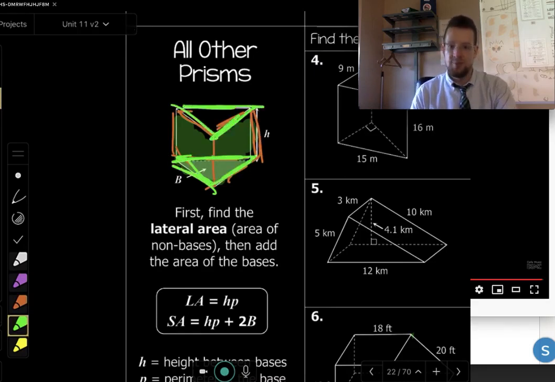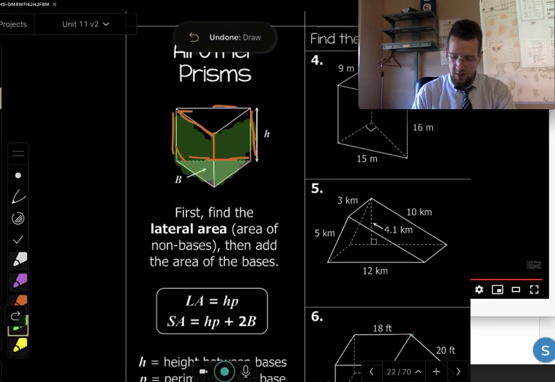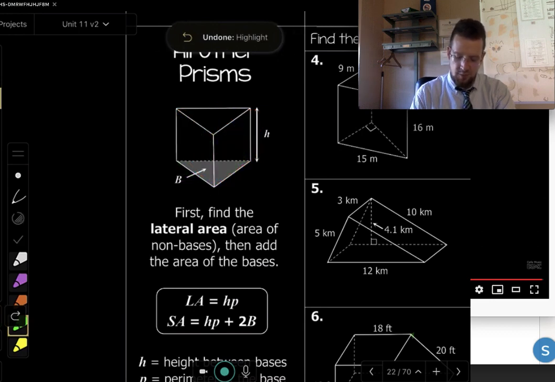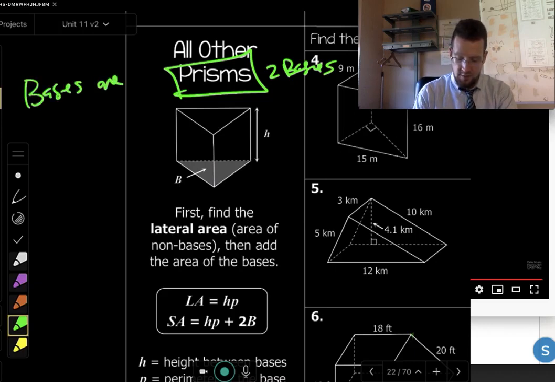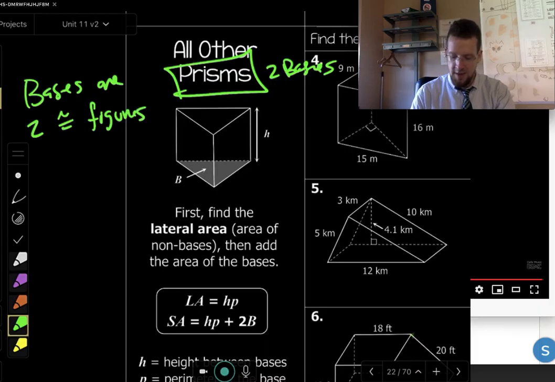How do I know which is the base? Well, prisms have 2 bases, and the bases are two congruent figures. Congruent in every way, even congruent in orientation.